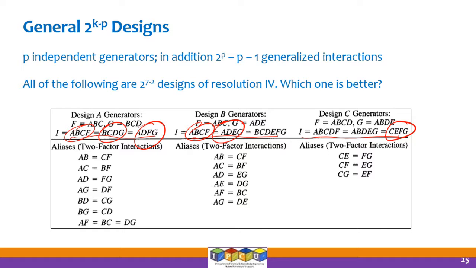And in all these three designs, design A, B, C, which have two basic generators, all have a resolution of 4. Now the question is, which of these is good? That is the question we need to answer. Are all of these the same or are these different? I would like you to ponder about this, and we can discuss it at a face-to-face session.